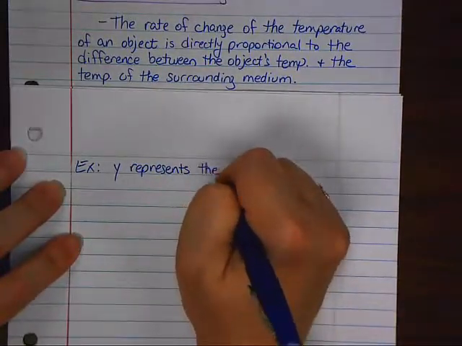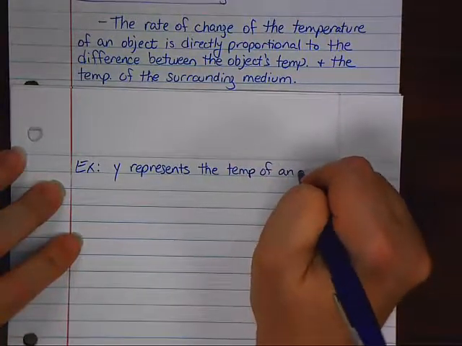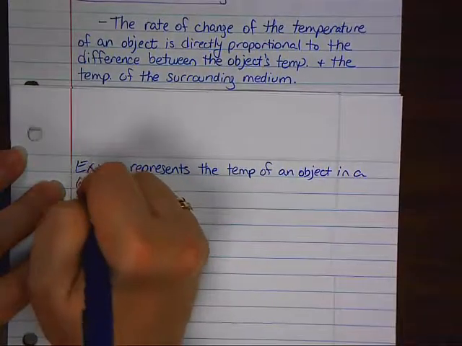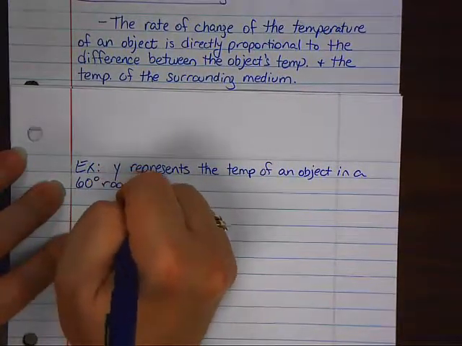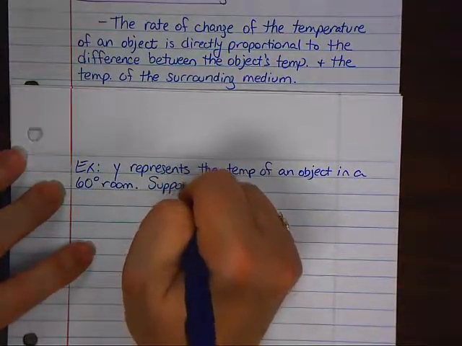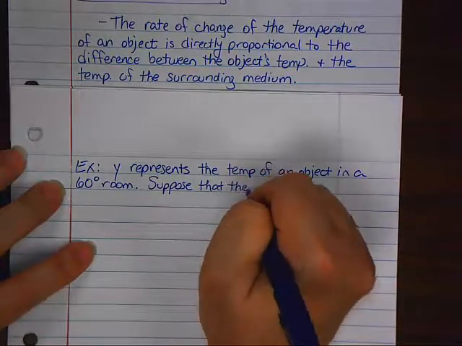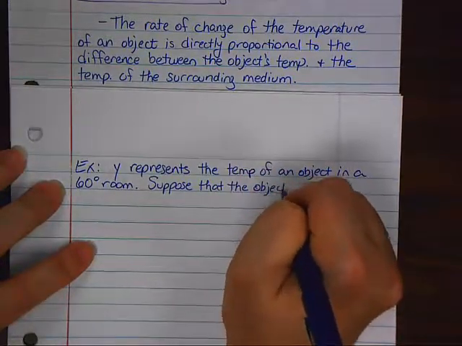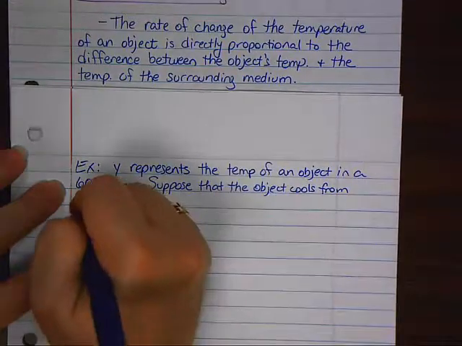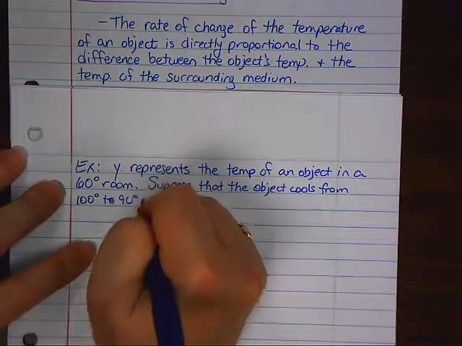Here we go. Y represents the temperature of an object in a 60-degree room. Suppose that the object cools from 100 degrees to 90 degrees in 10 minutes.